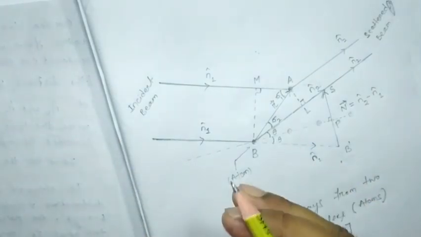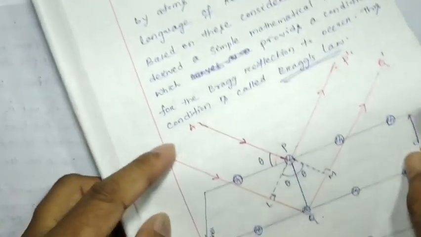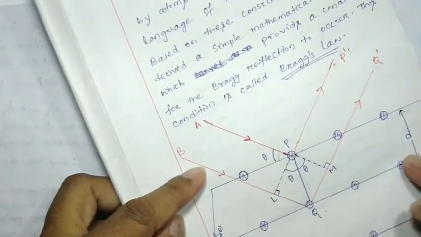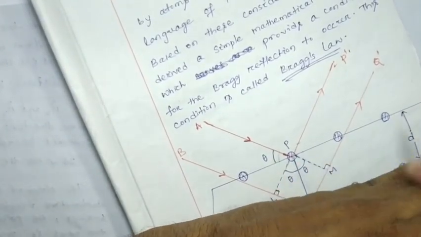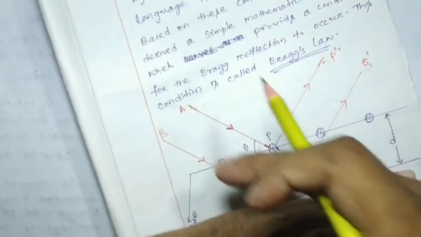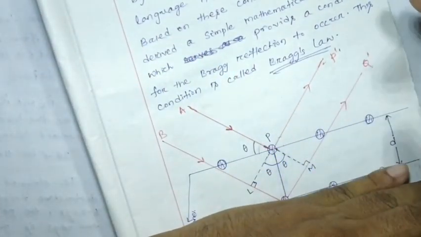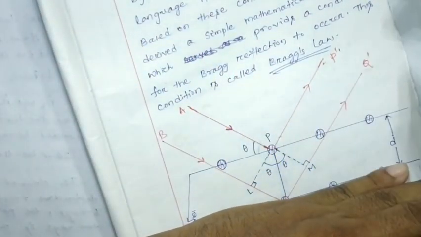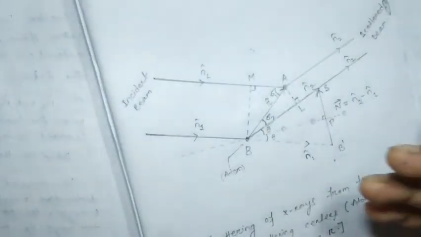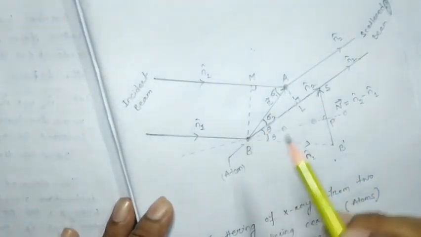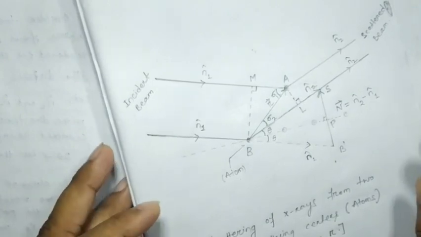In the case of Bragg, he considered that this arrangement is a plane, and the incident ray falls upon this plane and is reflected back this way. But here one law has been considered: B is one atom, A is another atom.